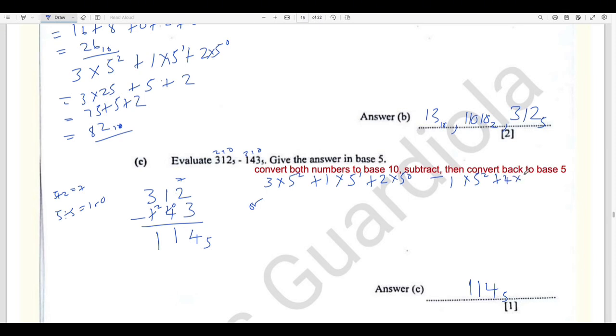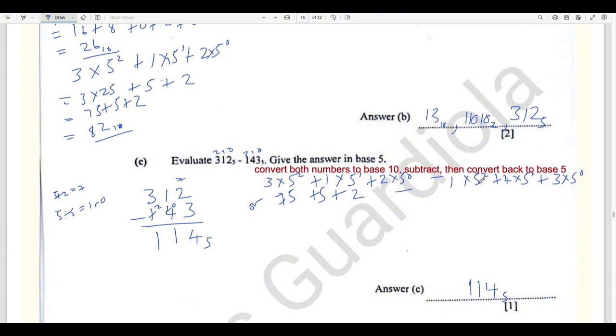Again, we use the same method that we used to convert to base 10. 3 times 5 to the power 2 plus 1 times 5 to the power 1 plus 2 times 5 to the power 0. And that's going to give us a certain number. Then again, we subtract 1 times 5 to the power 2 plus 4 times 5 to the power 1 plus 3 times 5 to the power 0.